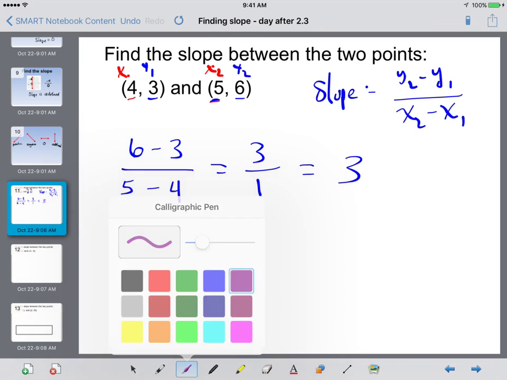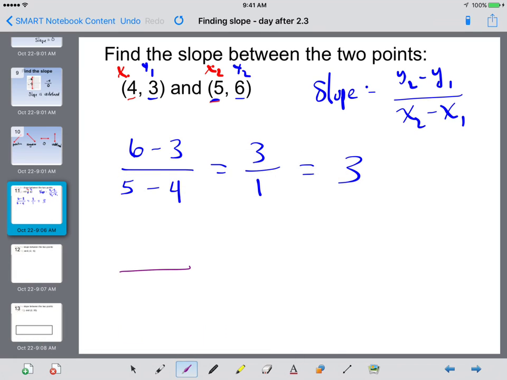Notice if I did it a little bit differently. Let's say I started with 3. I did 3 minus 6, so I went this direction. Well, then I'd have to do 4 minus 5, where I would get negative 3 divided by negative 1, which is still positive 3.